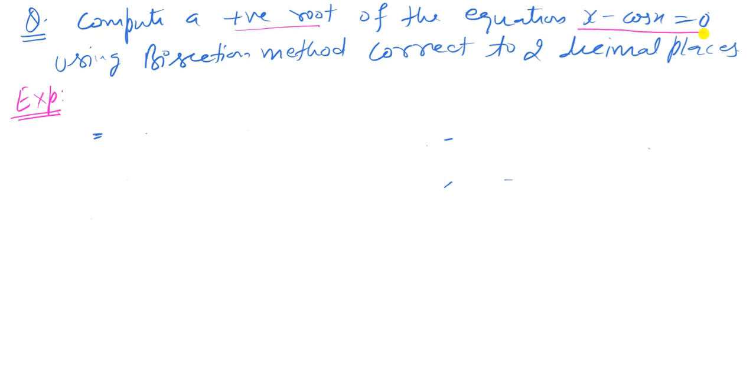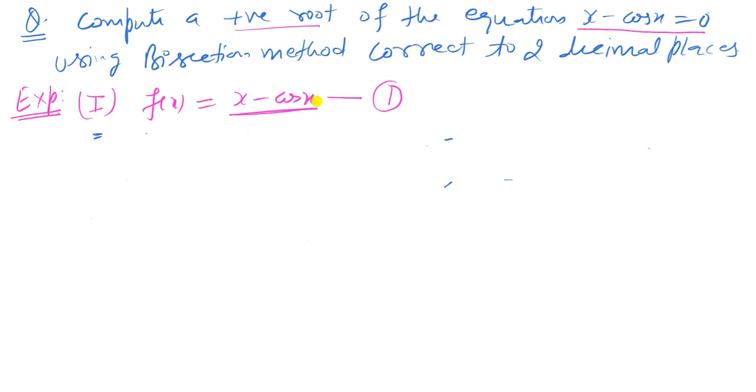So here first of all in step 1 consider the function f(x) is equal to x minus cos x and this is equation 1. This equation is a transcendental equation because this equation contains the algebraic variable x and a trigonometric function cos x.